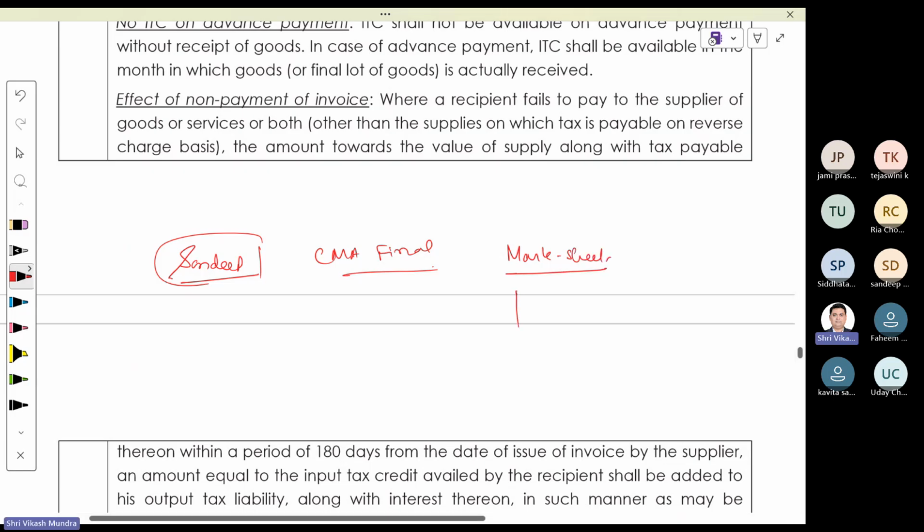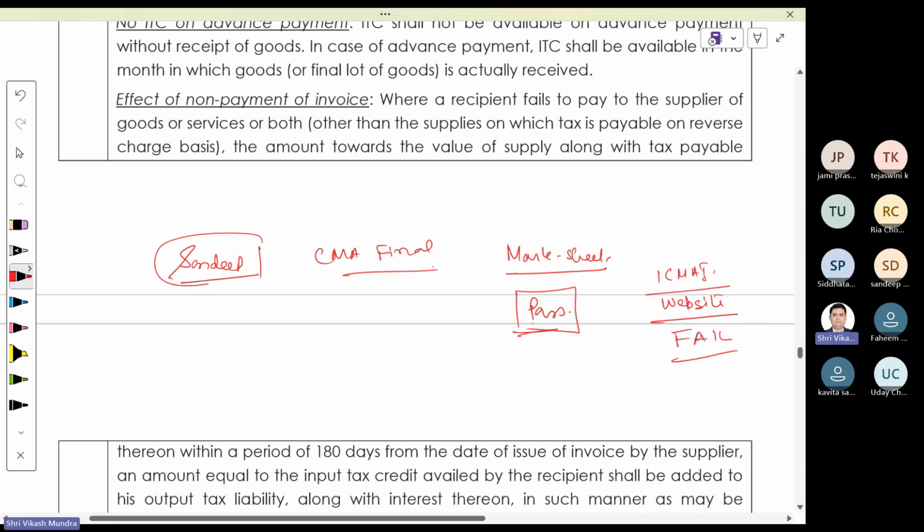On that mark sheet, it is reflected as pass, with his roll number and name mentioned. But when we go to the website of the ICMAI and check that roll number, the same roll number is reflected as a fail.